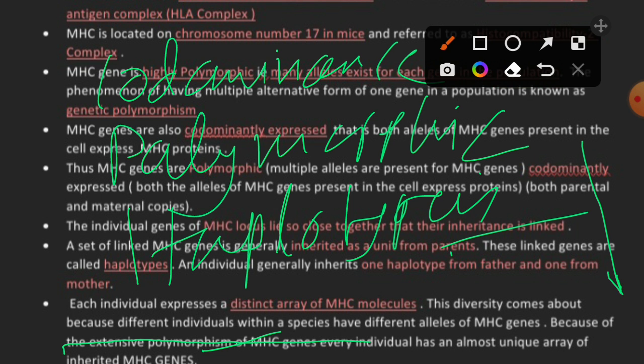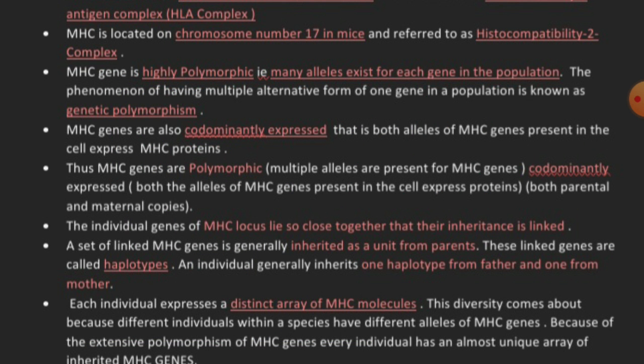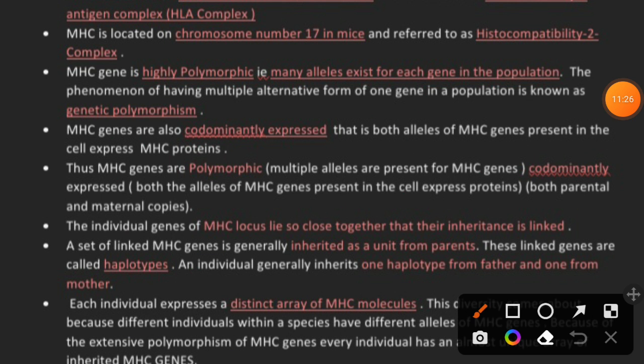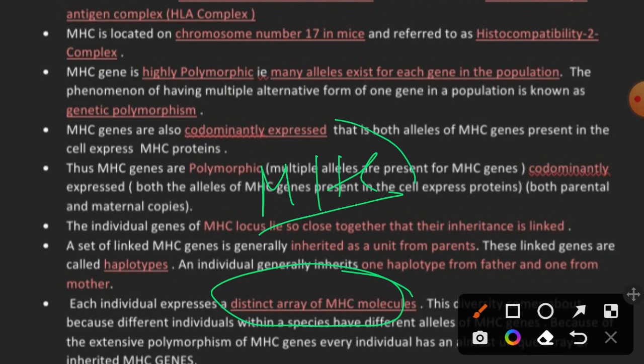That means for me the composition of MHC genes is different, and for my brother it will always be different. That is why for blood transfusion, after matching blood groups, we also have to match MHC molecules, because if they differ drastically, it will be very dangerous for us.